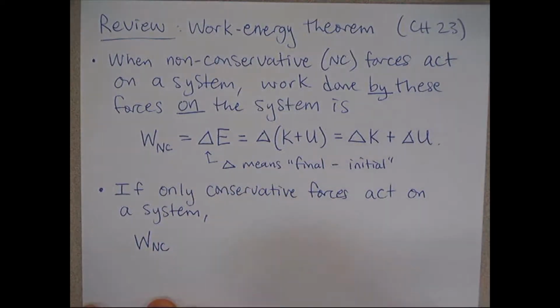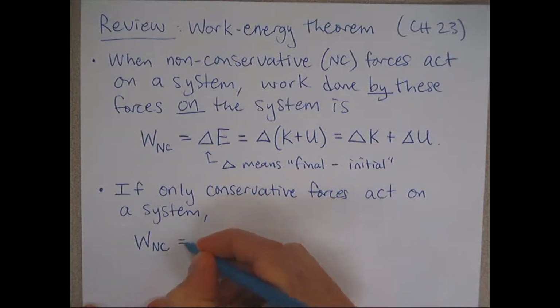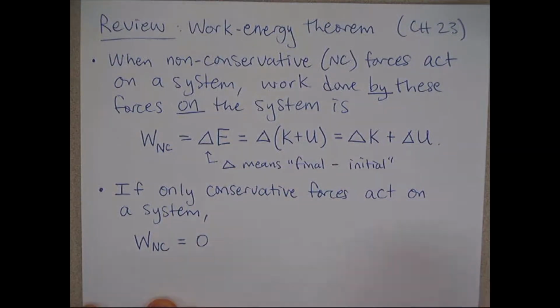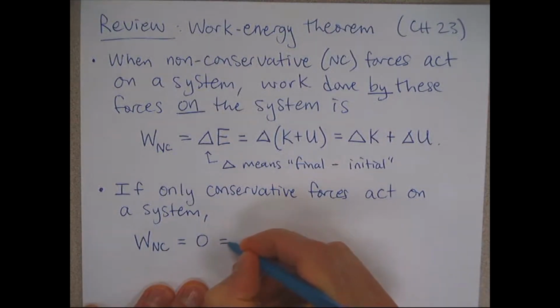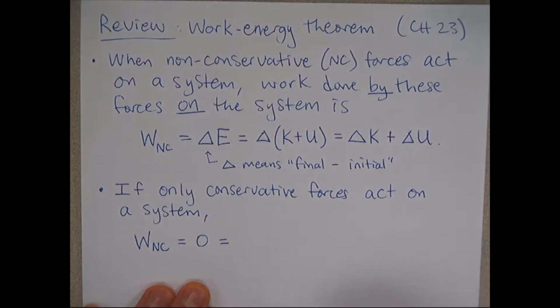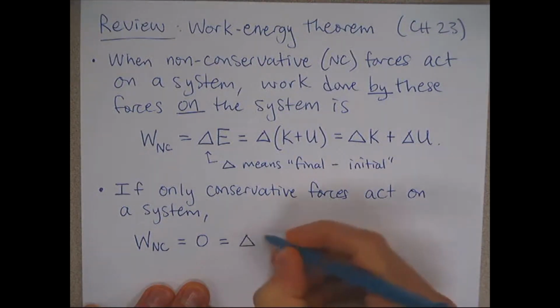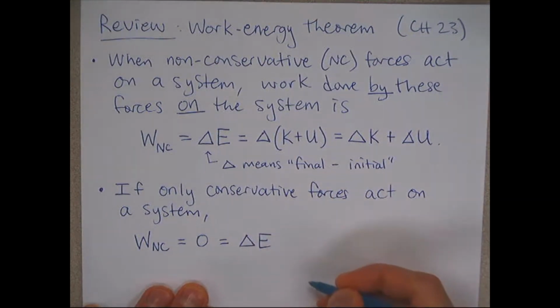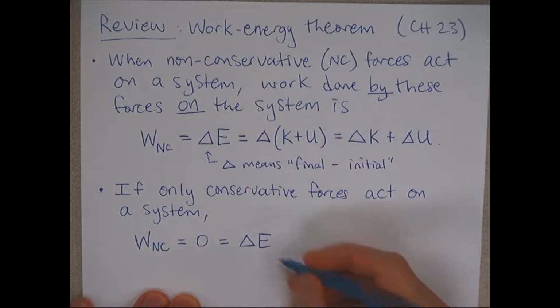Well, there aren't any forces that are non-conservative, so they can't do any work. This tells you when only conservative forces act on your system, your change in total mechanical energy is zero.